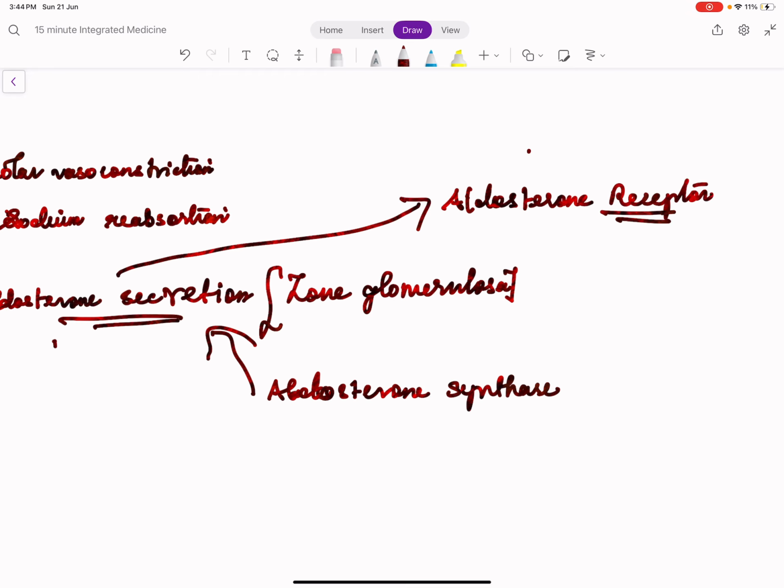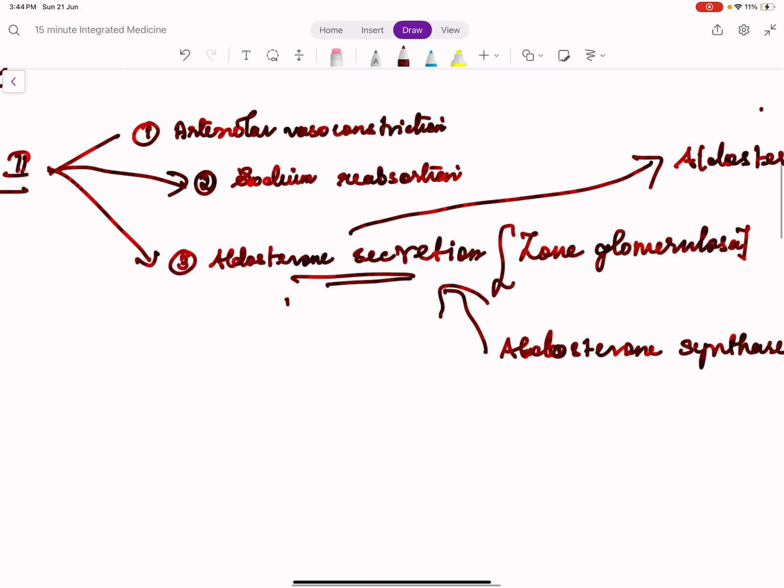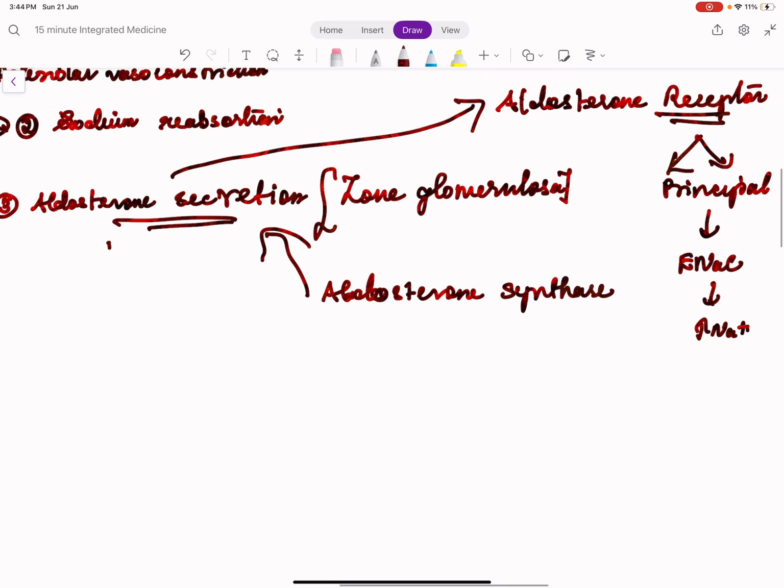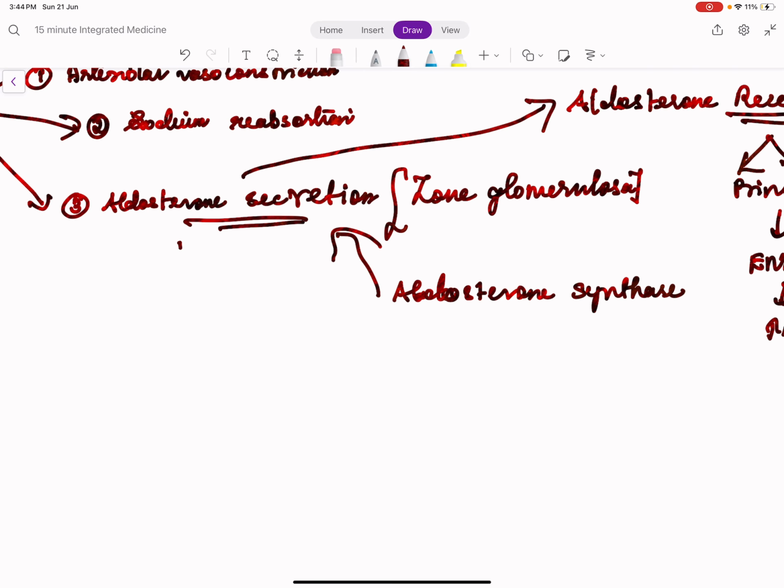We have two cells in the collecting duct: principal cells and intercalated cells. It acts on the principal cells and increases the production of ENaC channels, epithelial sodium channels. This in turn increases sodium. So this is the third part of the renin angiotensin aldosterone system.